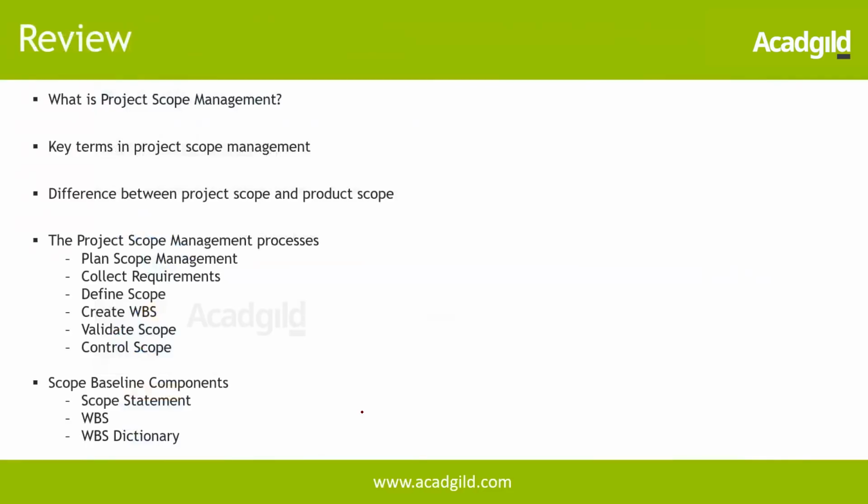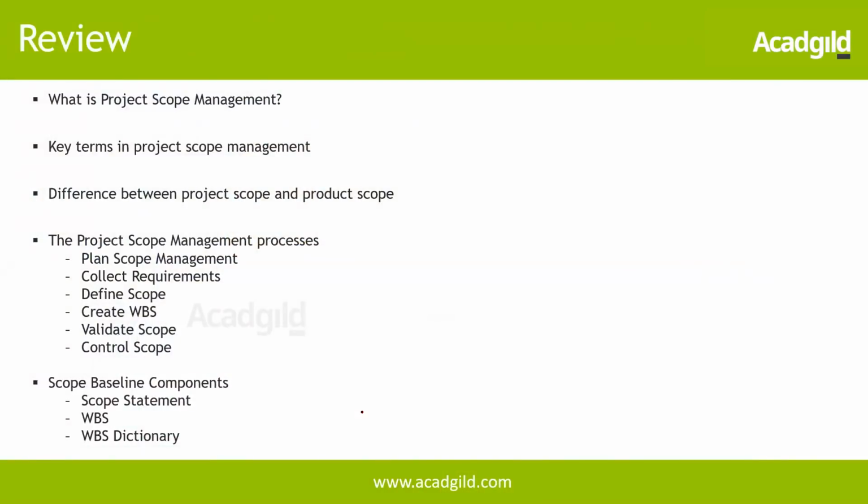And now we have covered all the processes within the scope management knowledge area. So, a quick review: what is project scope management? It is about defining the requirements and coming up with a project scope, and creating a project scope statement with what is in scope and what is out of scope. How to define the scope, and how to monitor and control the scope, is part of the scope management plan.